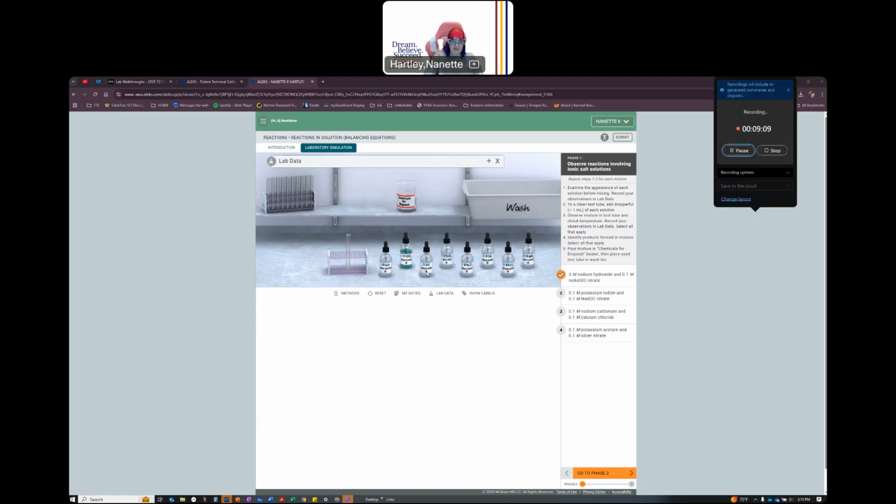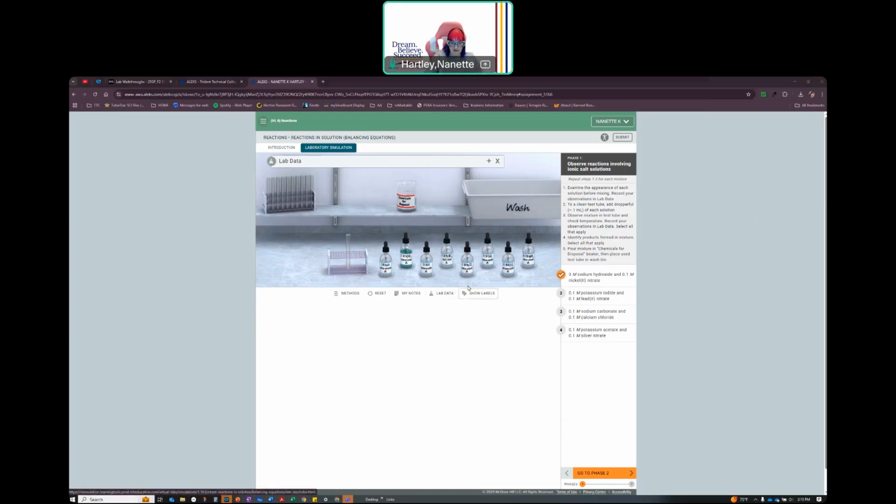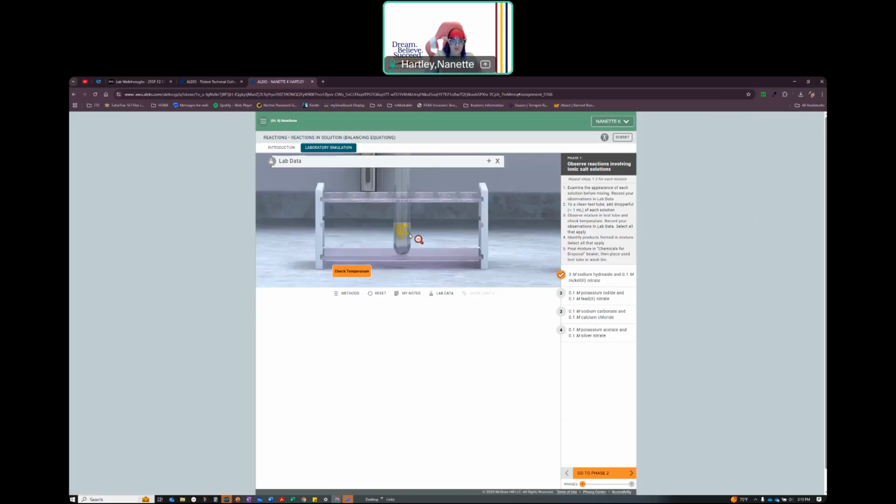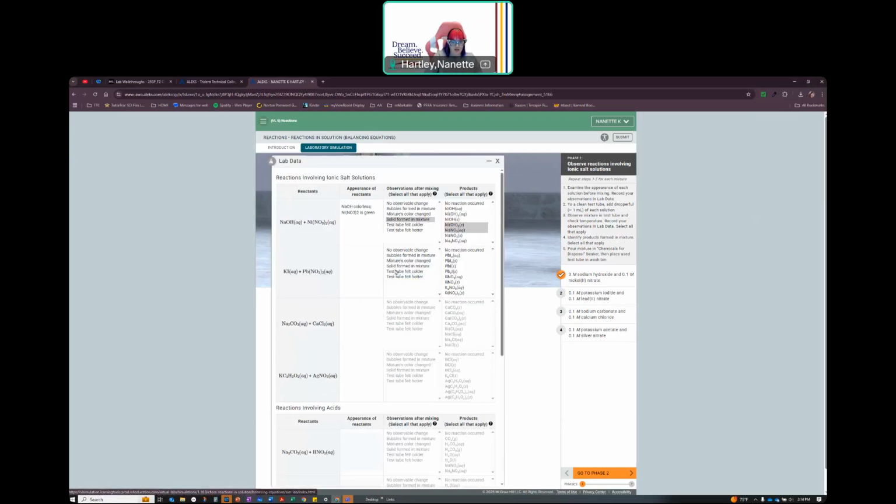Okay, so we're mixing this potassium iodide, which is here, with the lead-2 nitrate, both of these being colorless solutions. We notice that we form a solid and that solid is yellow. So I'm going to make some notes about that.